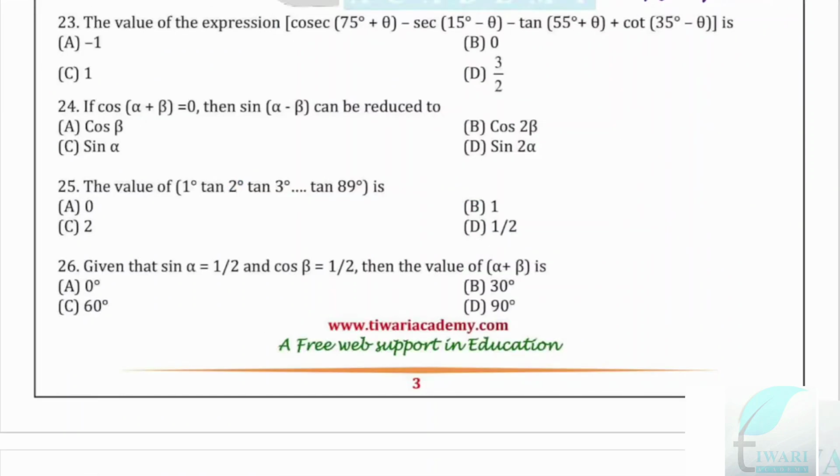Coming on to question number 23, the value of the expression cosec 75 plus theta minus sec 15 minus theta minus tan 55 plus theta plus cot 35 minus theta is expressed as. So for sec 15 minus theta, first consider this 15 minus theta. It can be written as 90 minus 75 plus theta.